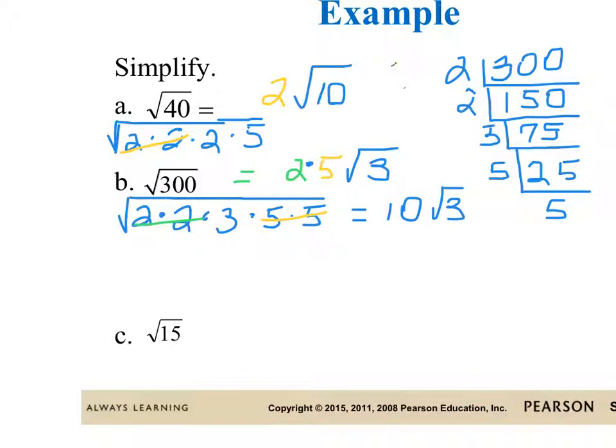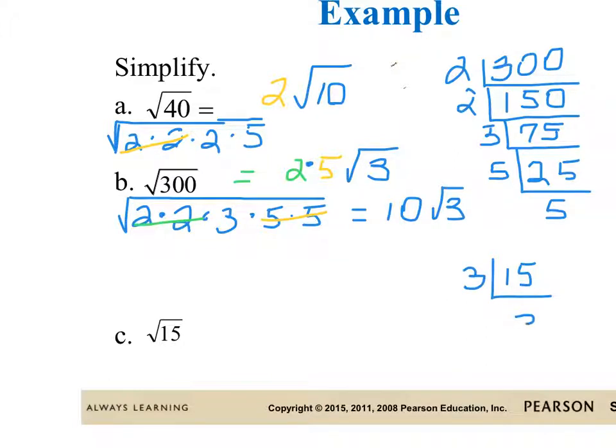Now, our last one, we have the square root of 15. And 15 isn't even, but it can be divided by 3.